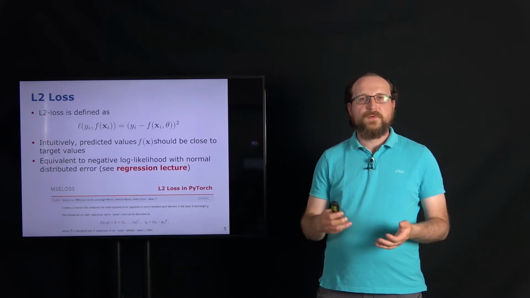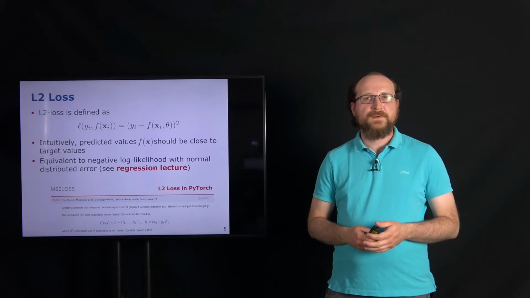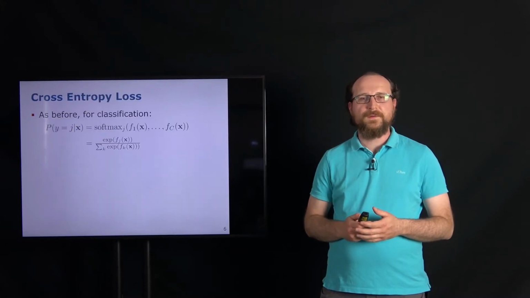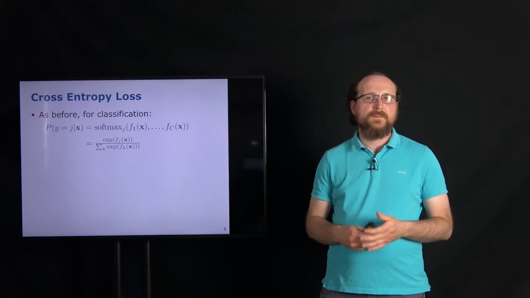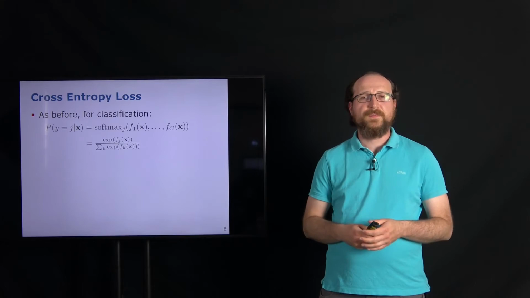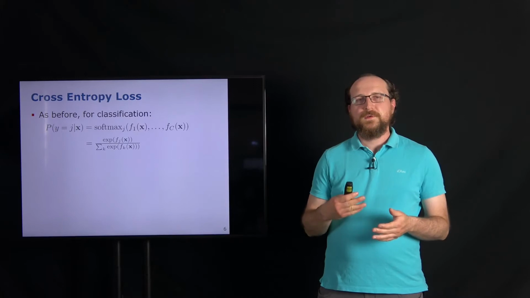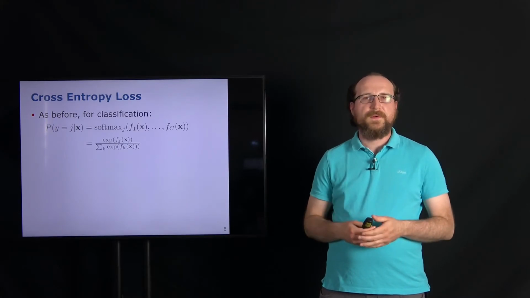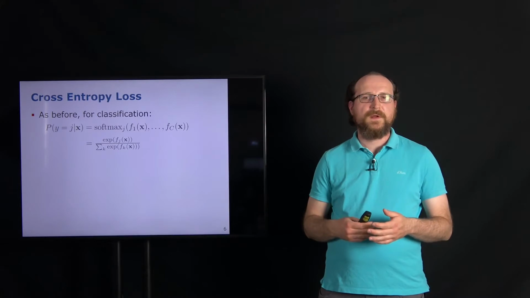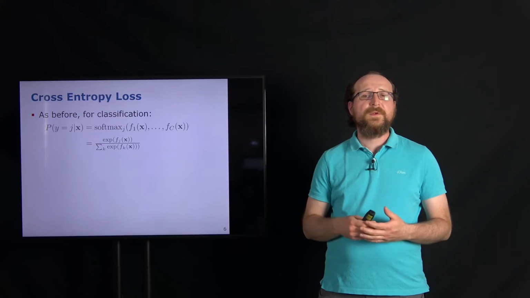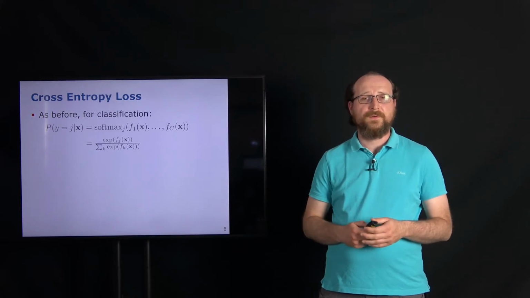Of course this loss function is also implemented in PyTorch, and it's called the MSE loss, for mean squared error. Coming to the classification loss, for classification we very often use the cross-entropy loss. As before, we turn the score values that we get back from the network, here f1 of x to fc of x, into a probability distribution by using the softmax function.